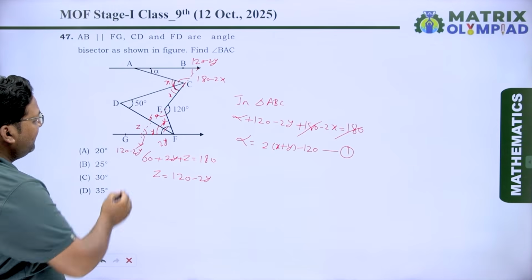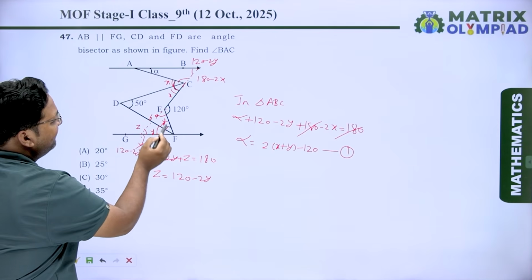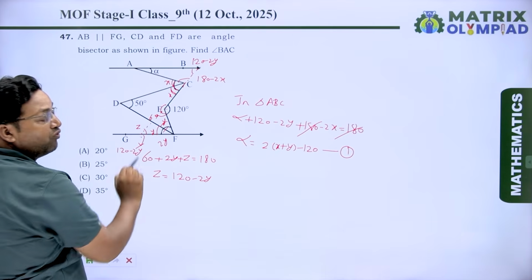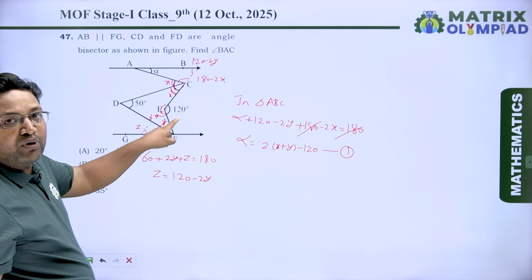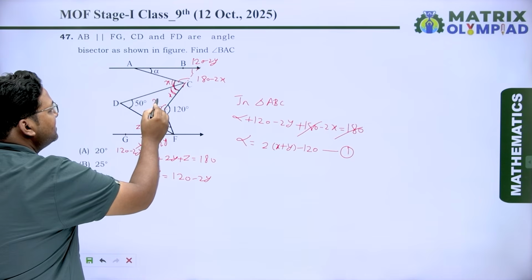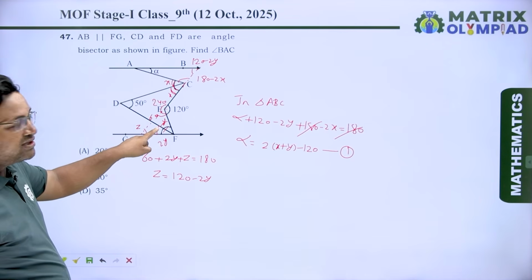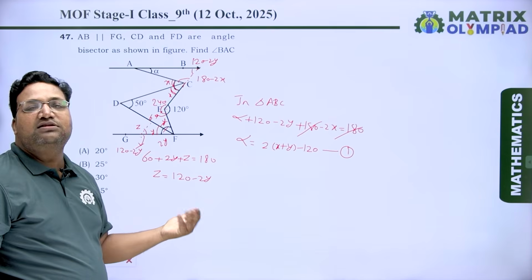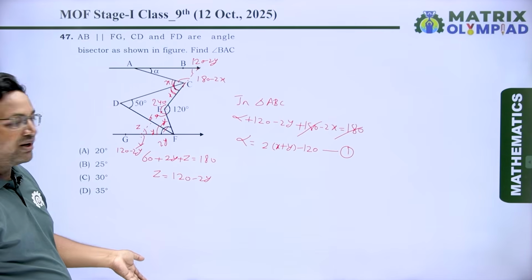Now you can see here it is a quadrilateral DFEC. Here this angle is x, this angle is 240 degrees because it is given 120 degrees. So the reflex angle of 120 degrees is 240 degrees. So angle E is 240 degrees, this angle is y and this angle is 50 degrees. So here we have to apply the angle sum property of a quadrilateral.